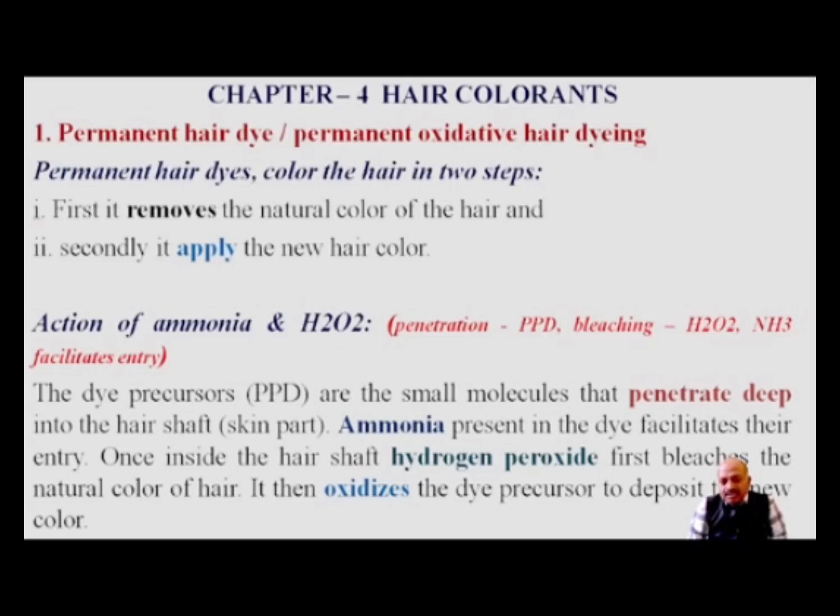First of all, the PPD, paraphenylenediamine, are small molecules that penetrate deep into the hair shaft. For that penetration, ammonia plays a very important role, as it facilitates the entry of the PPD.